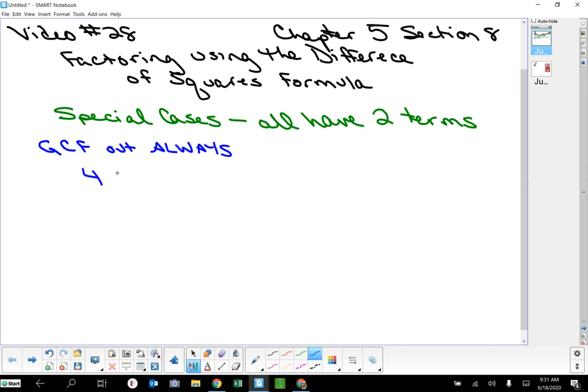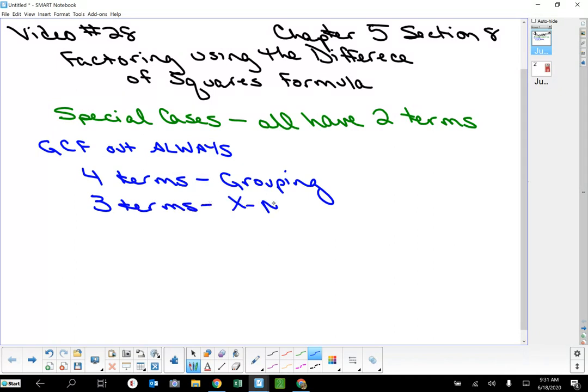And then if you have 4 terms, we learned how to factor by grouping. And if you have 3 terms, we learned to factor using X method. And these now all have 2 terms. And there's 3 of these.